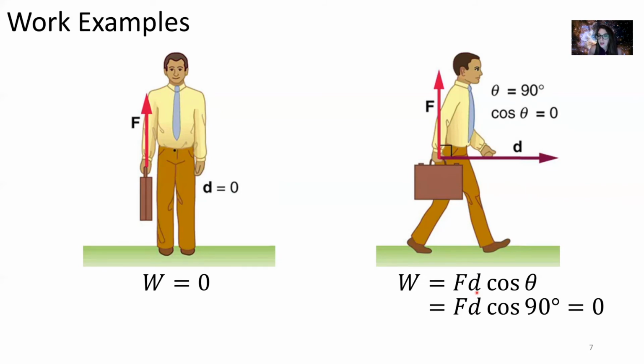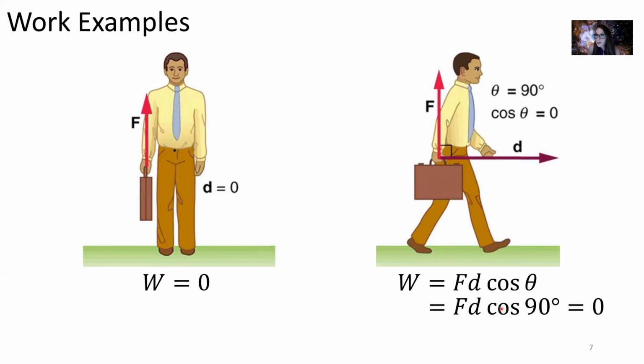So in this case, if I look at FD cosine theta, the angle between my displacement and my force, I'm pulling upward, my arm is exerting a force upward on the suitcase, the angle between the displacement and the force is 90 degrees. Cosine of 90 degrees is 0. In this case, I've got F, my force. I am moving through some displacement, but cosine of my angle is 90 degrees.